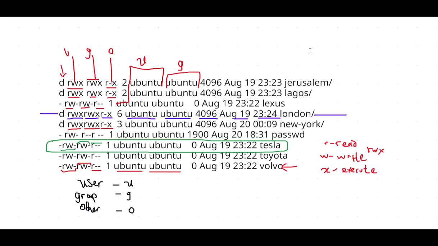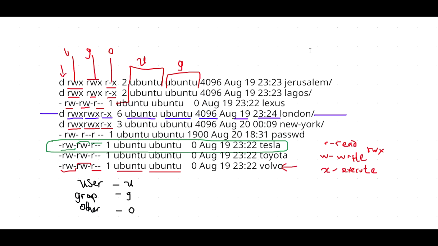Okay. Now, if you look at Jerusalem, it is a folder. And how do I know? You see a D here. This is the first part of the file permissions.